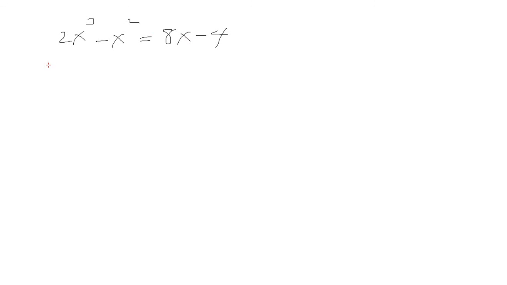If I write this in the standard form, I have 2x to the power of 3 minus x to the power of 2 minus 8x plus 4 equals 0. I have a polynomial in descending order of powers in standard form, and you can see the highest power is 3, so this is not a quadratic equation, and you have to use factoring at this point.